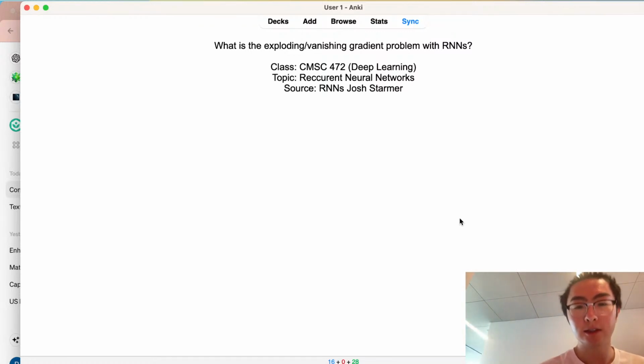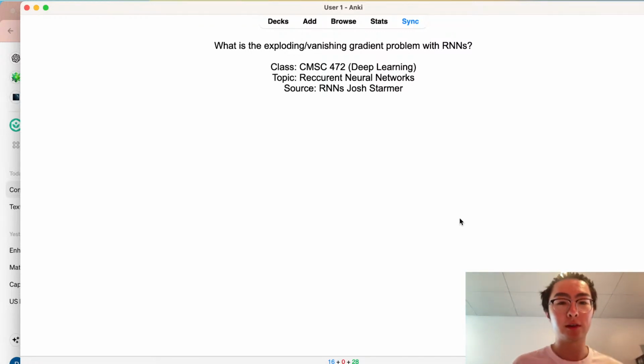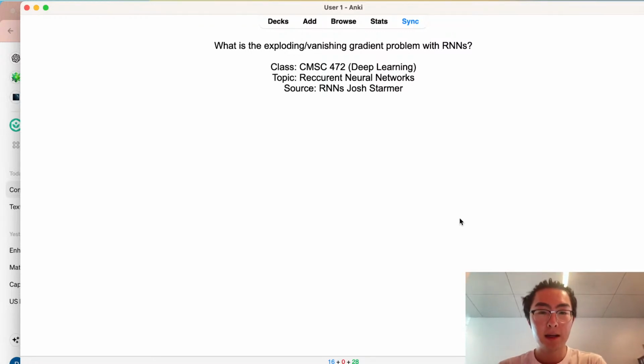So the exploding/vanishing gradient problem with recurrent neural networks happens when you unroll and have a really deep network. The weights get applied exponentially onto your inputs, and so that causes them to either explode or vanish.